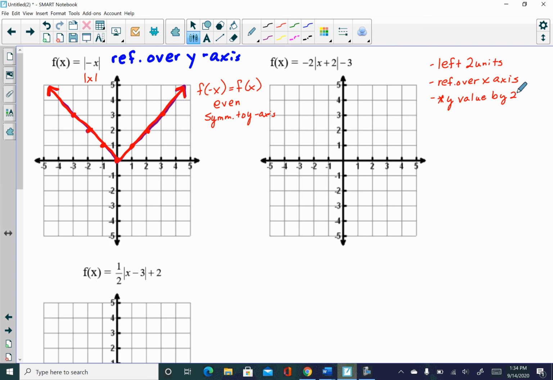And then lastly, you've got this -3. Again, it's outside, so that is going to shift down 3 units. So remember, when you're on the outside, it affects what you would expect it to affect, and in the same direction. When it's on the inside, it's the opposite.